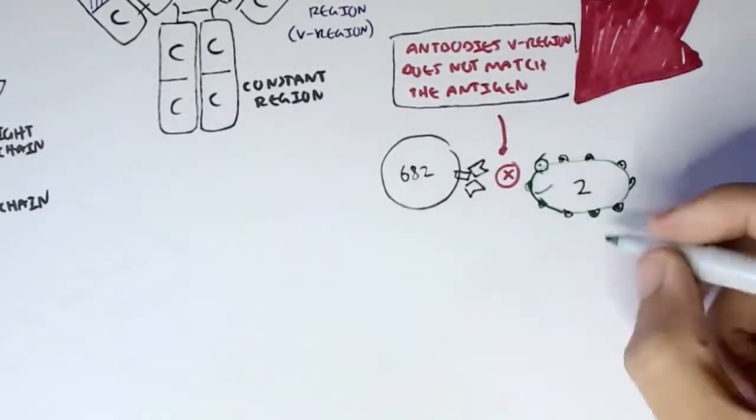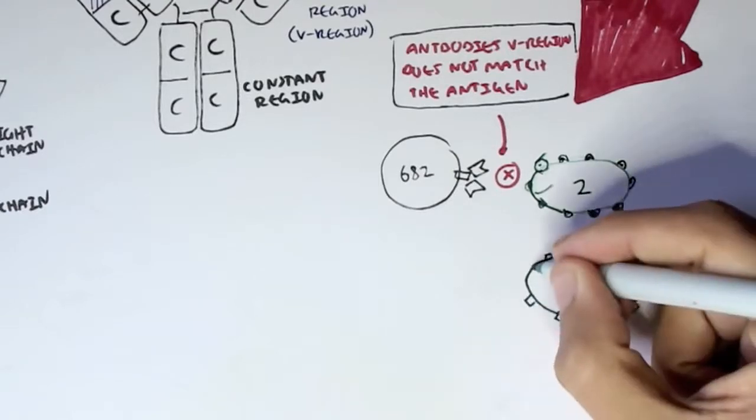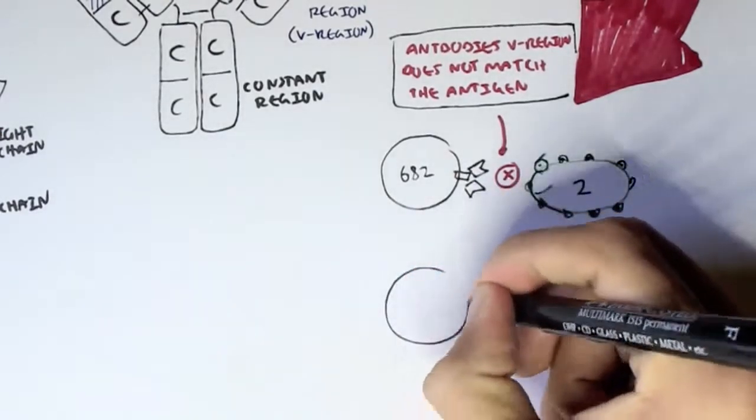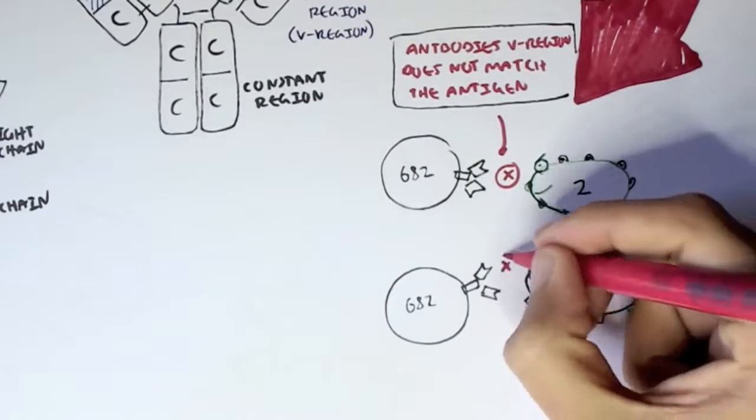B cell 6A2 also can't bind to this particular pathogen because the antigen is square looking and so does not fit into the variable region, the binding site.